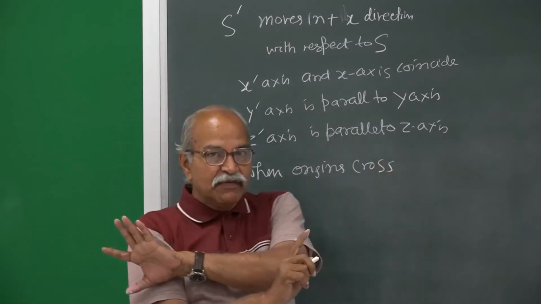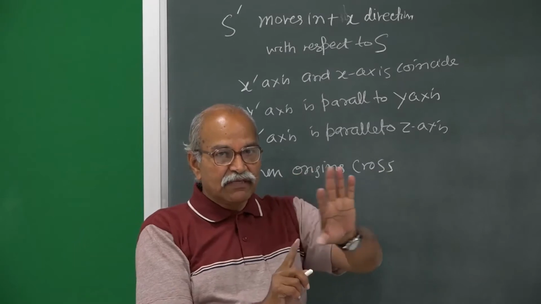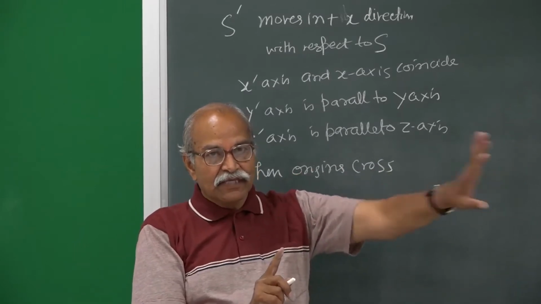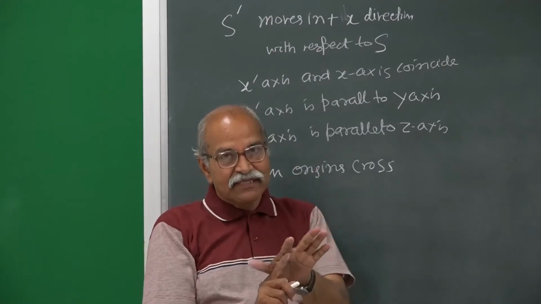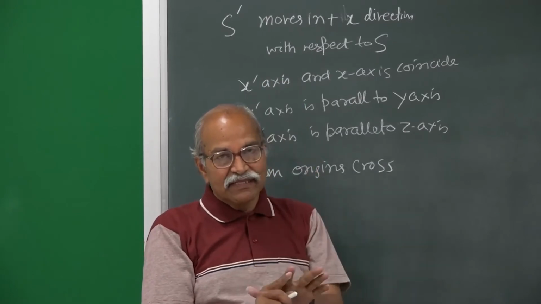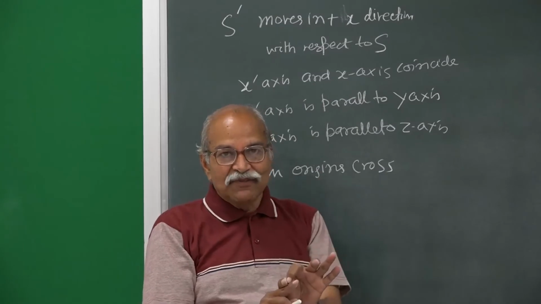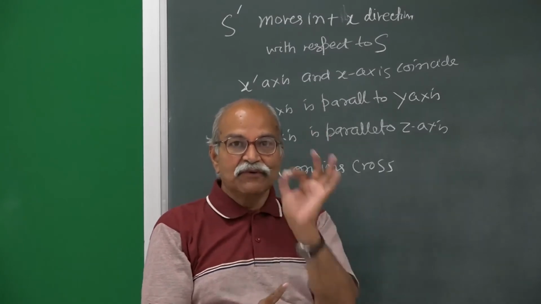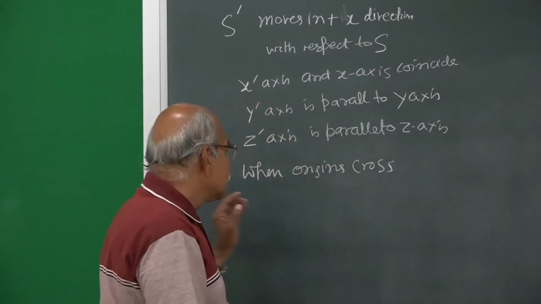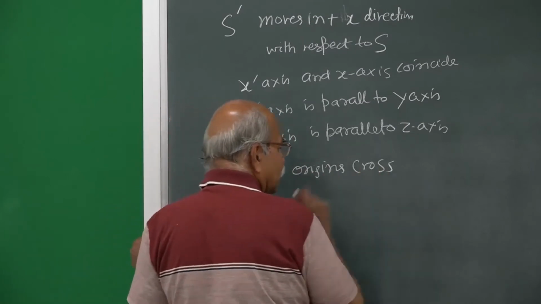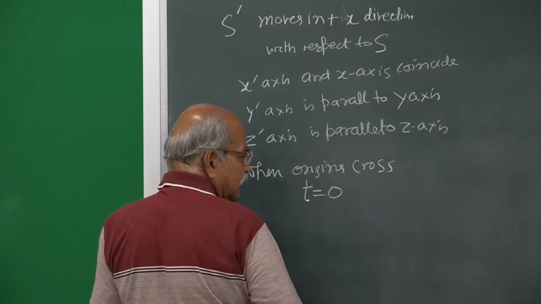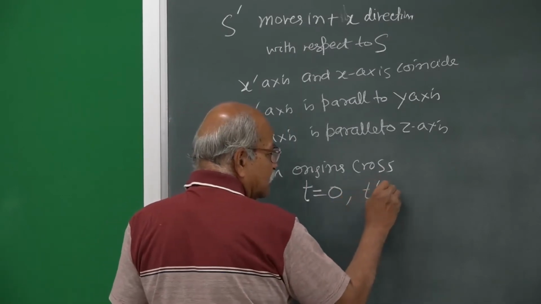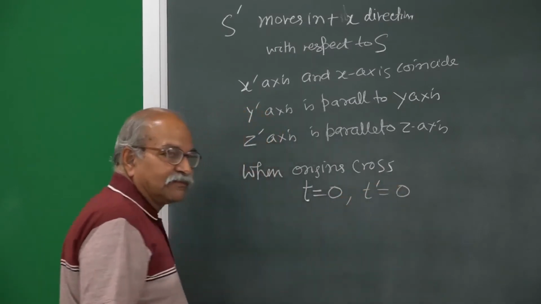S prime is coming from one side and moving with respect to S. So at some instant the y axis coincides with y prime axis, z axis coincides with z prime axis, and the origin O prime coincides with origin O, just one instant. That event we say will be read as t equal to 0 in S and t prime equal to 0 in S prime.